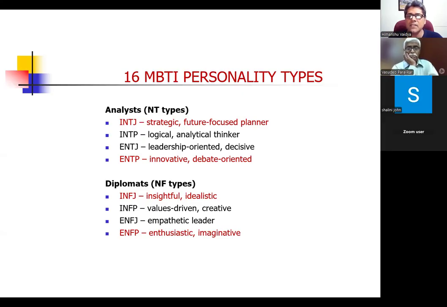P refers to perception instead of sensation, and J refers to judging rather than the evaluation part. So they make some modification, but essentially it is based upon the Jungian typology.